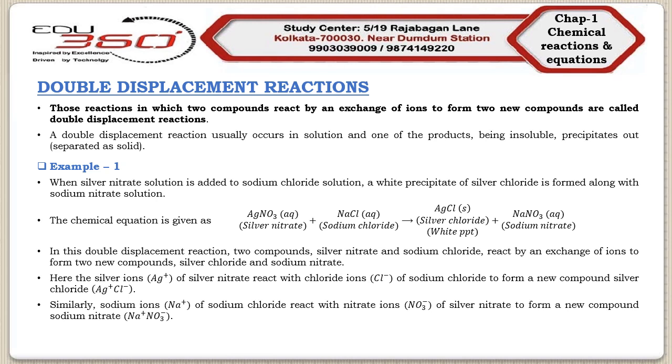So in this reaction, two compounds, silver nitrate and sodium chloride, are reacting by exchange of ions, and as a result we are getting two new compounds, silver chloride and sodium nitrate. So we can say that this is an example of a double displacement reaction.